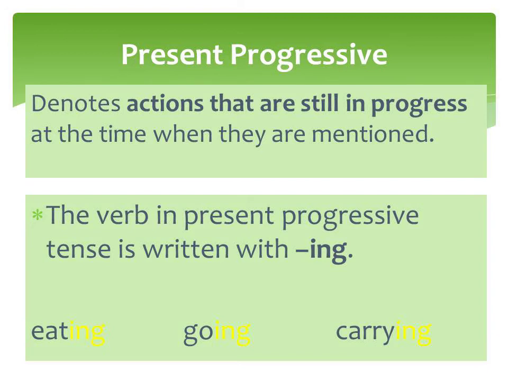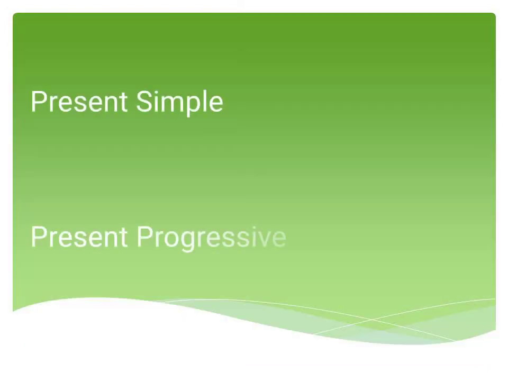So that means when the verb is in ing form, that means it's in present progressive tense. It's happening right now.